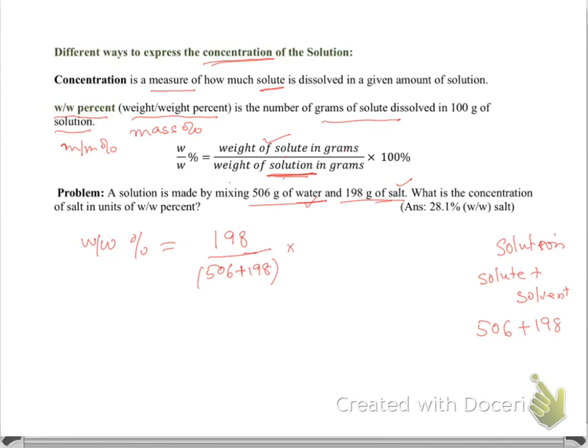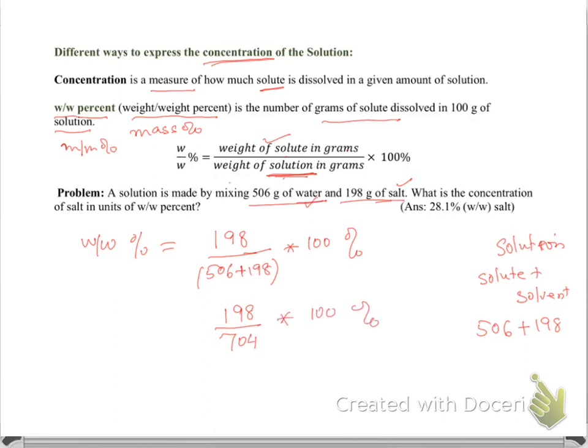And then to change it to the percentage, you multiply by 100. So 506 plus 198 is 704. So I have 198 divided by 704 times 100.